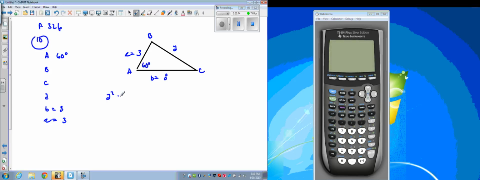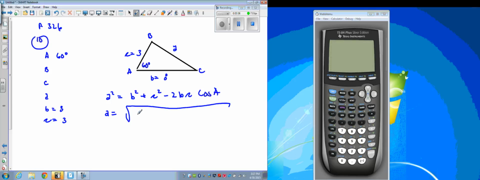A squared equals B squared plus C squared minus 2BC cosine of A. And then A is actually going to be the square root of that. Now we insert: B is going to be 8, plus 3 squared, minus 2 times 8 times 3 cosine of 60.